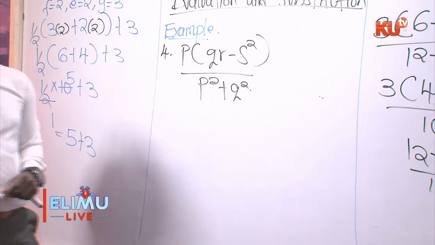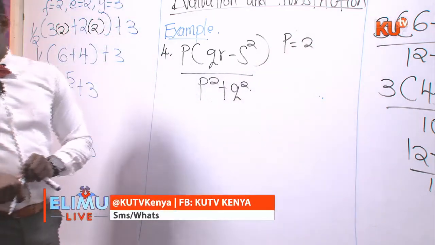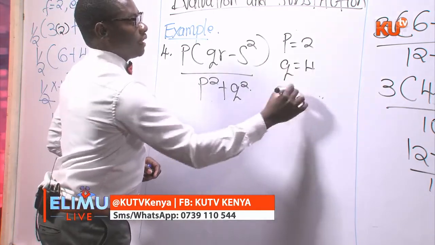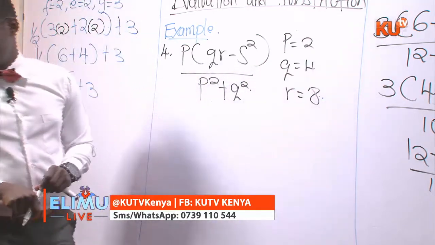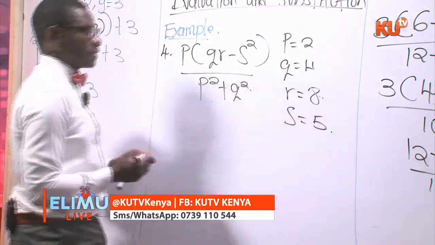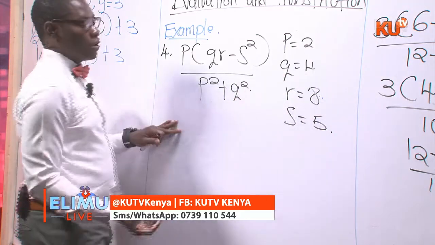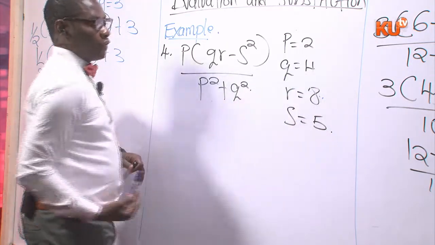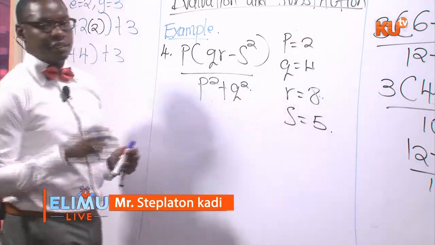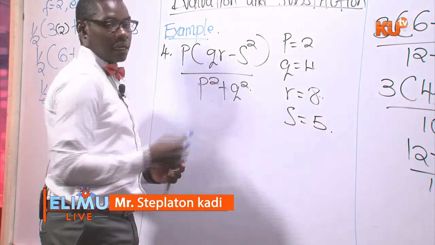Given the following figures, P is equal to 2, Q is equal to 4, R is equal to 8, and S is equal to 5. So we replace the figures that we have. We replace P with 2, we replace Q with 4, we replace R with 8, and we replace S with 5. Remember, you have to replace for you to be able to calculate.